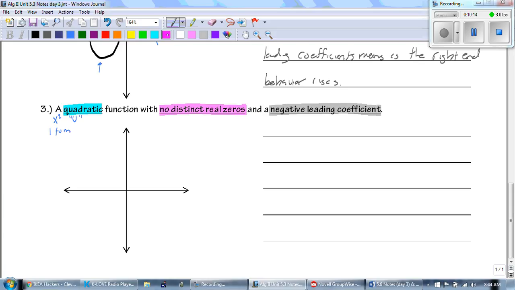No distinct real zeros means that it crosses the x-axis 0 times, and the negative leading coefficient means that it falls to the right.